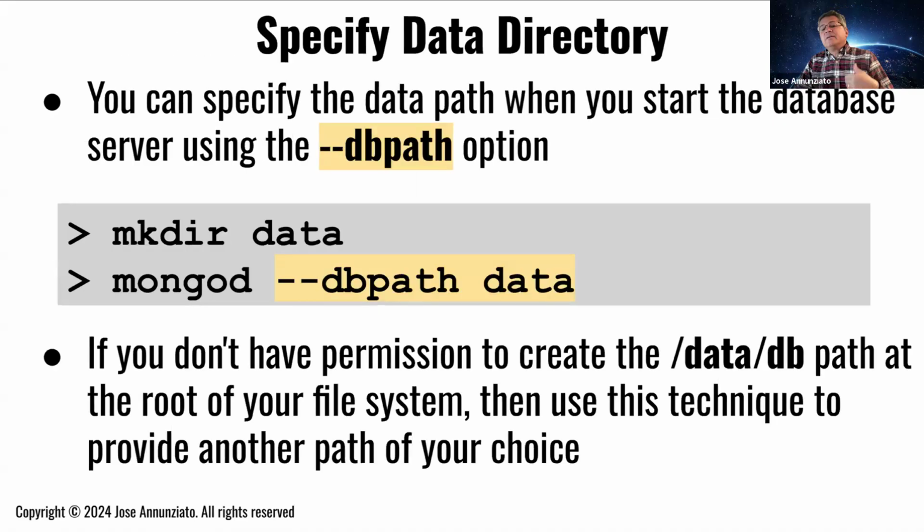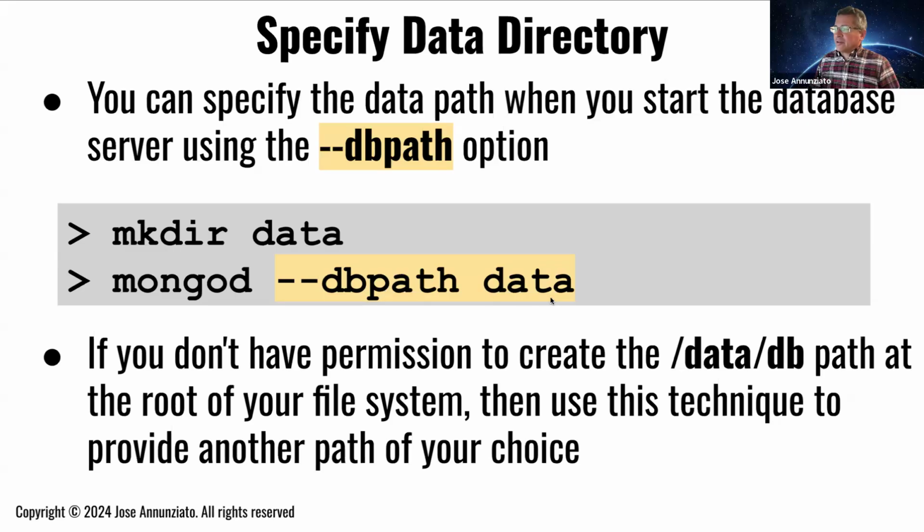If you do it manually, when MongoDB starts up, it's going to look for a database directory. Now you can provide the data directory that you created in your home directory, if that's where you created it, using the dbpath flag.